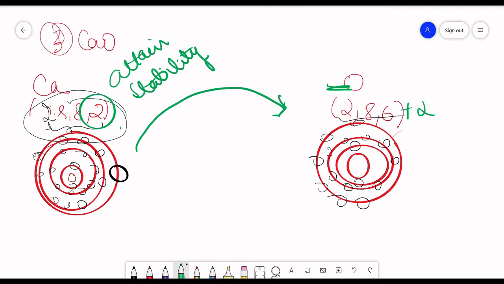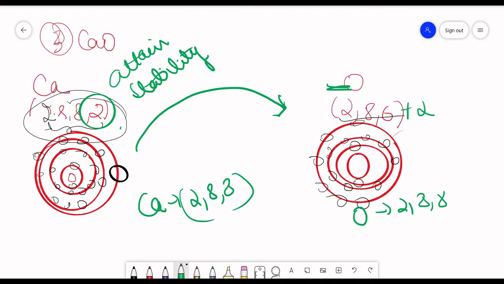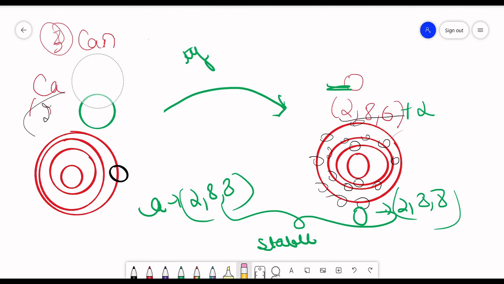After they've moved to oxygen, calcium would become 2, 8, 8, and oxygen would become 2, 8, 8. Both of them will become stable, right? Now let's see what the configuration is.